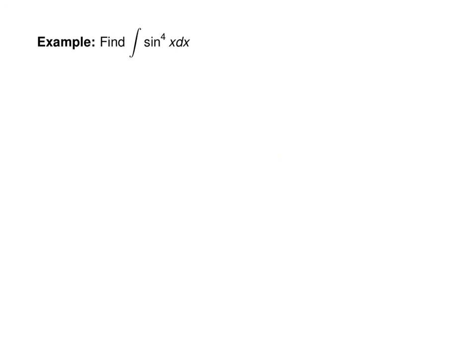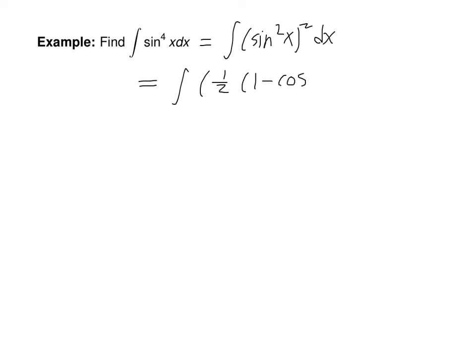Next, suppose we have a trig function raised to a power that's greater than 2. What you can do here is notice that sine to the 4th x is equal to sine squared x, squared. And sine squared x is equal to 1/2 times 1 minus cosine of 2x, and we're going to square that instead. Now, the 1/2 squared becomes 1/4.